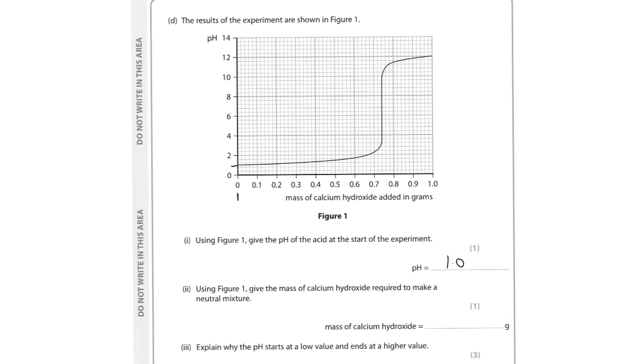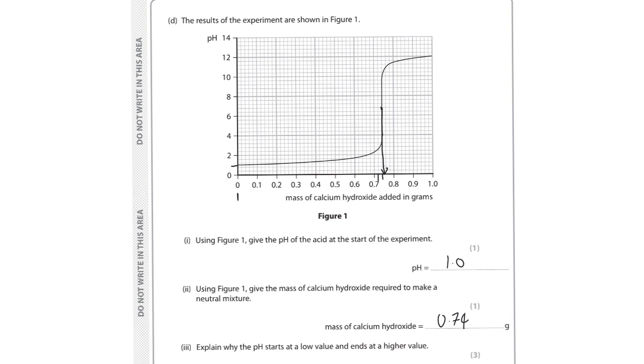It says, using figure 1, give the mass of calcium hydroxide required to make a neutral mixture. Well, neutral is pH 7. If I go along from pH 7, I get to there. If I go down, which is down that line, it's going to be here, and that is 0.74, because along here each one of these lines is 0.2, so 0.72, 0.74, 0.76, so it is 0.74.